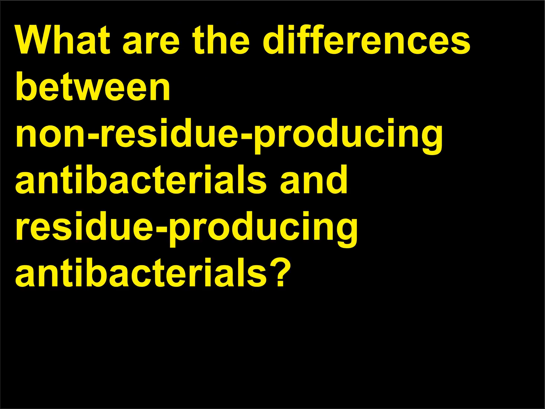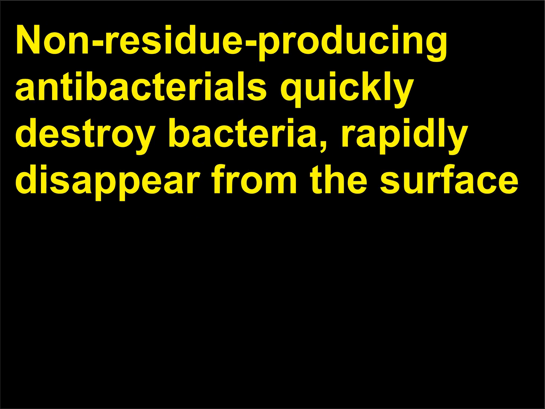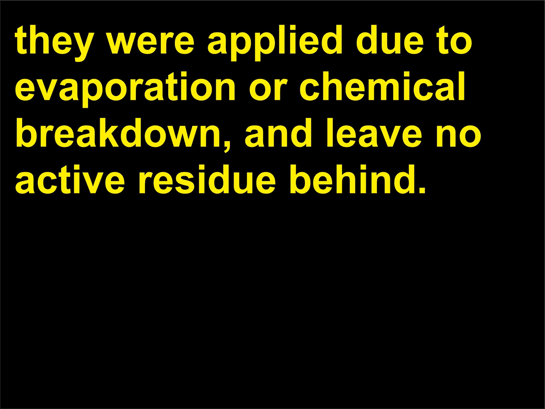What are the differences between non-residue producing antibacterials and residue producing antibacterials? Non-residue producing antibacterials quickly destroy bacteria and rapidly disappear from the surface to which they were applied due to evaporation or chemical breakdown, and leave no active residue behind.